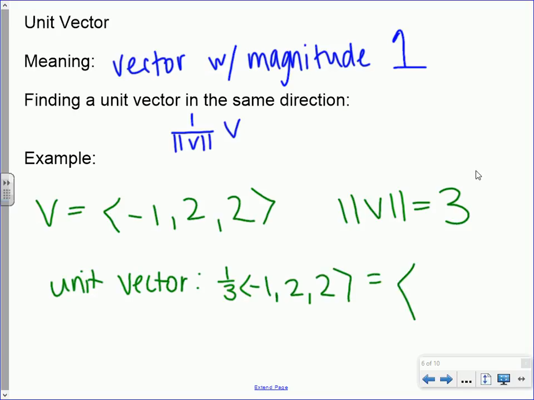So our unit vector would be -1/3, 2/3, 2/3. Now, some of this should be fairly fresh because we just took our final, right? Okay.